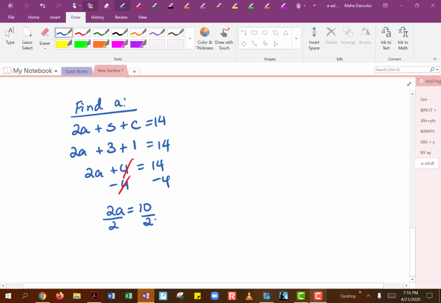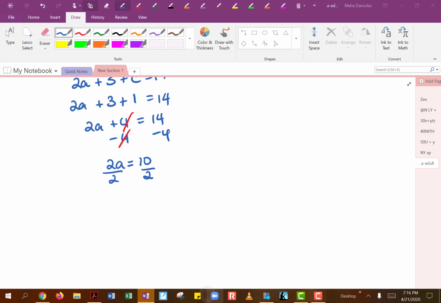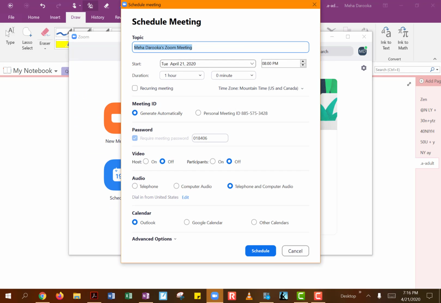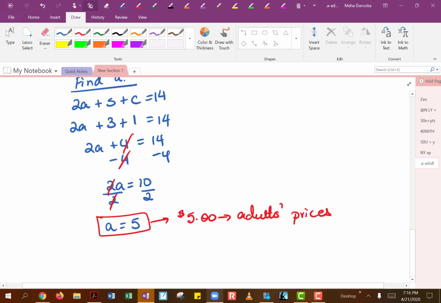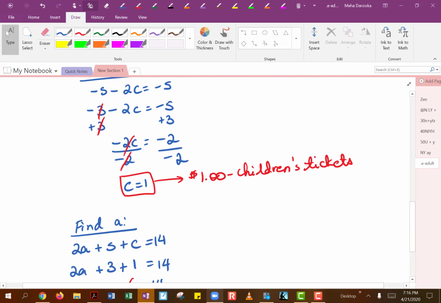Divide both sides by 2 to get a by itself, and we end up getting a equals 5, which tells us that adults are paying $5 to get into the zoo. Okay, so $5 for adults, $3 for students, and $1 for children.